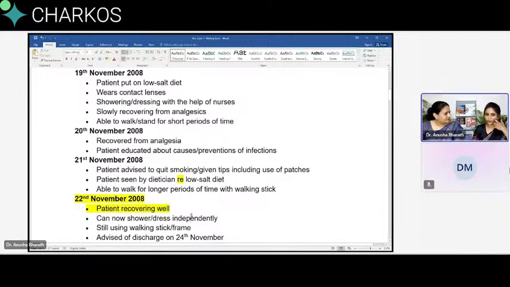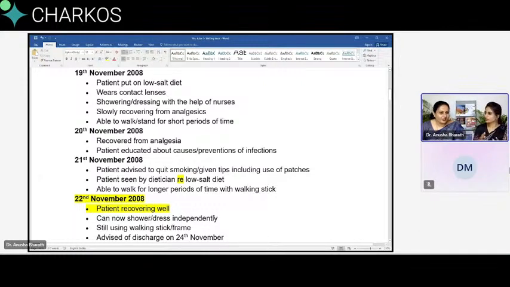Now, you may have the question, why is she talking about all these details, which have to go in the second paragraph? Well, the thing is, if I understand whether the patient is recovering well or not, I will be able to state the same in my purpose.